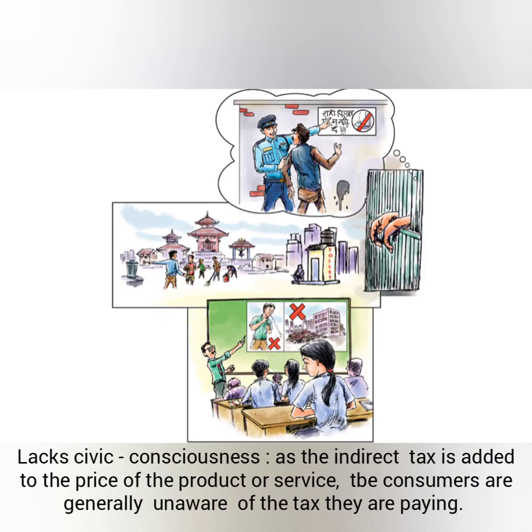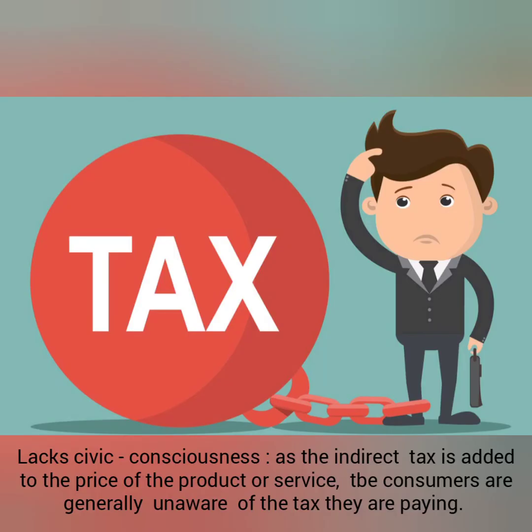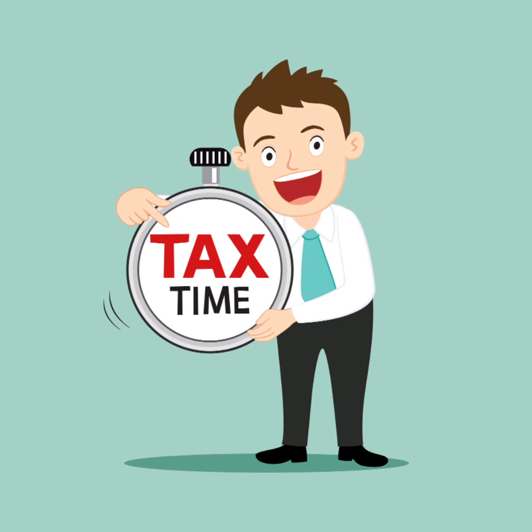Lacks civic consciousness. As indirect tax is added to the price of the product or service, the consumers are generally unaware of the tax they are paying. This is opposite to direct taxes, where the taxpayer clearly knows the taxes he or she is paying.